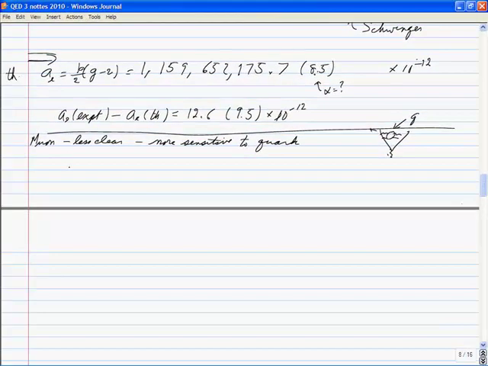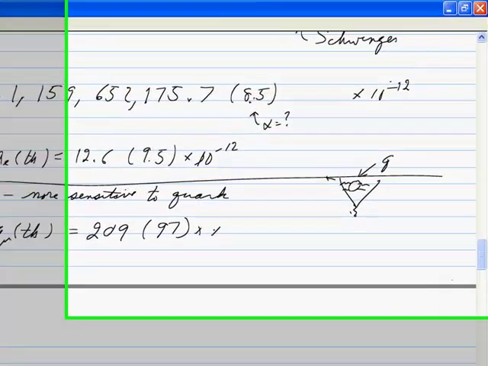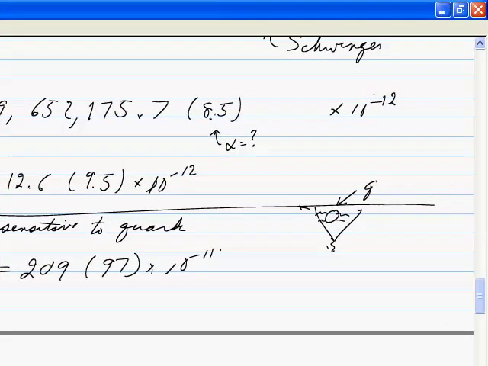And here, the difference, the muon's anomaly experiment minus the muon's anomaly theory is 209 with an uncertainty of 97 times 10 to the minus 11. Okay? And so, it's there a little bit over 2 sigma.